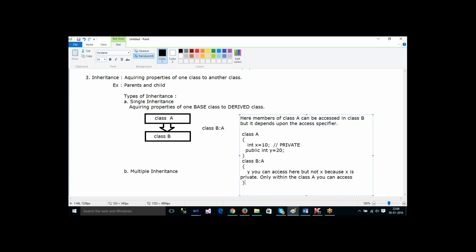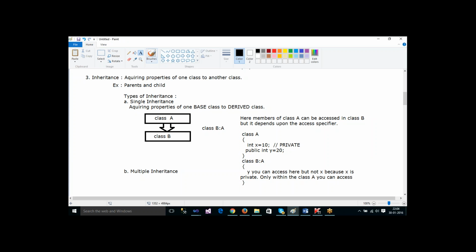Is it clear now? That is called inheritance, and it depends upon the access specifier. But y can be accessed because it's public, so anywhere you can access it. That is regarding single inheritance.